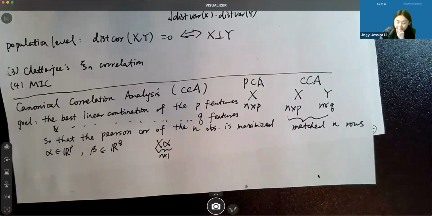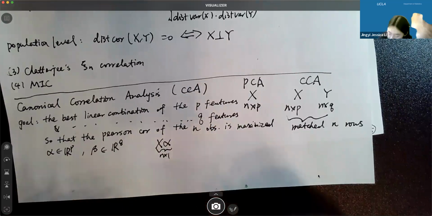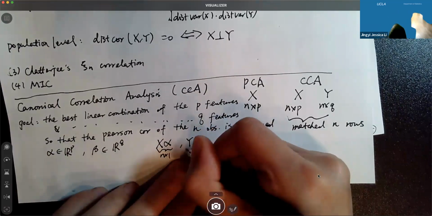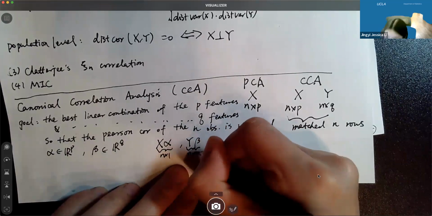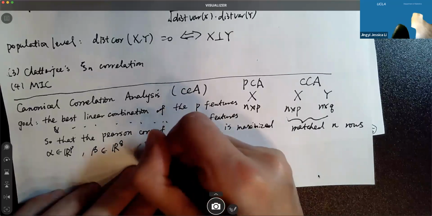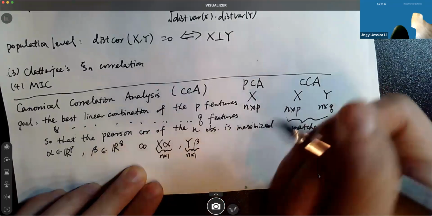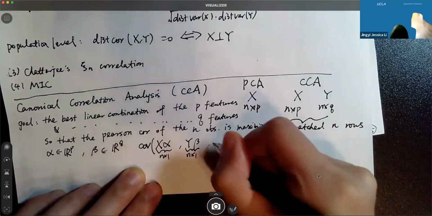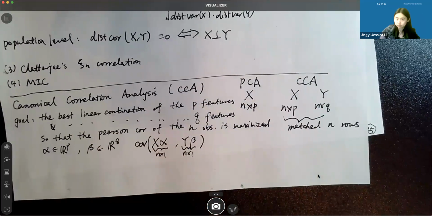I project all the n observations into one dimension, and Y beta is another n by 1 vector. So I want to maximize the absolute correlation or covariance. These are equivalent: if I standardize them to have standard deviation 1, then maximizing the covariance is equal to maximizing the correlation.